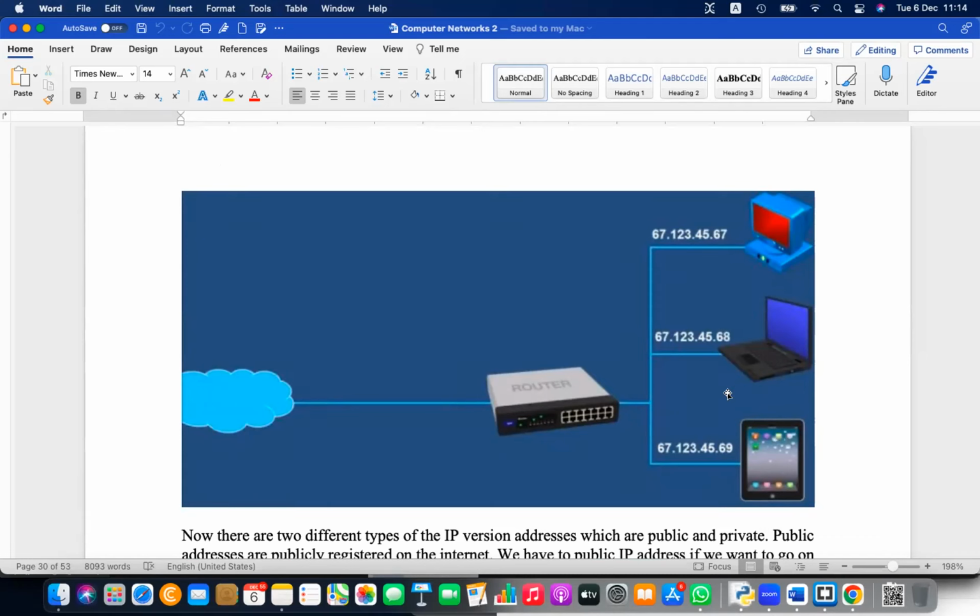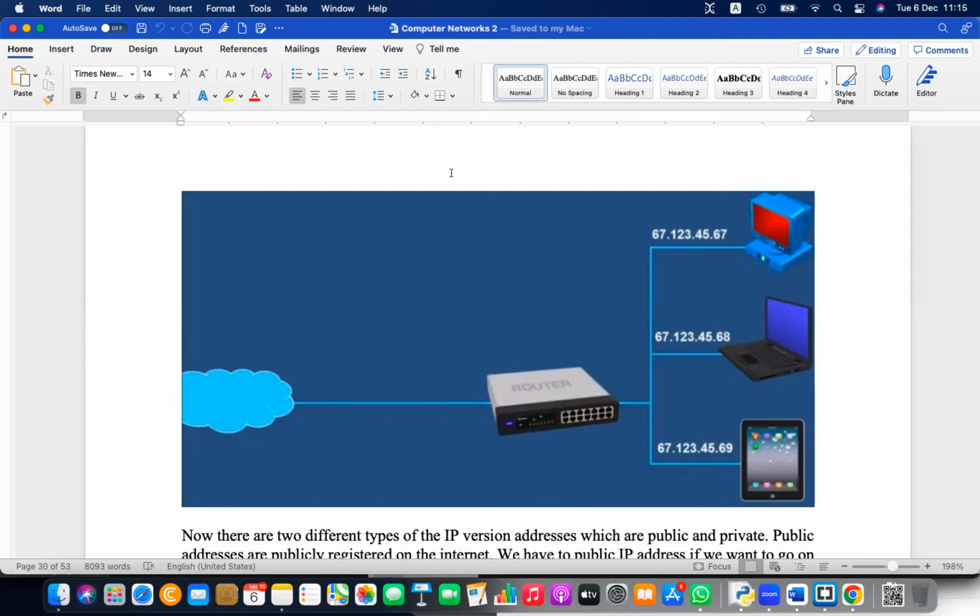Let's say internally the IP is 67.123.65.69 something, but when you call the router, there is a different address, maybe 192.168.1 something. Just an example, right? This device used as the gateway needs to communicate with the local traffic and also with the global traffic.